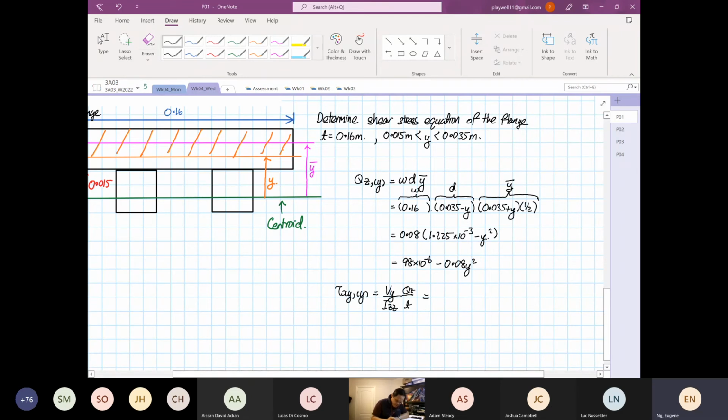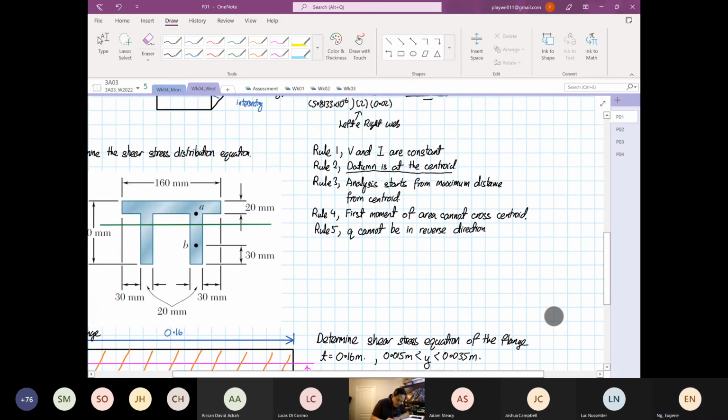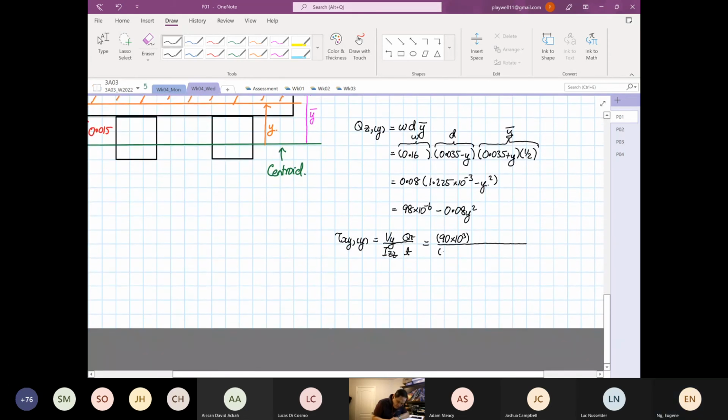Vy we know is 90 times 10 to the power 3. Then we divide by Izz, 5.813 times 10 to the power minus 6. And then multiply by 98 times 10 to the power minus 6 minus 0.02 y squared. And then we divide by 0.16.